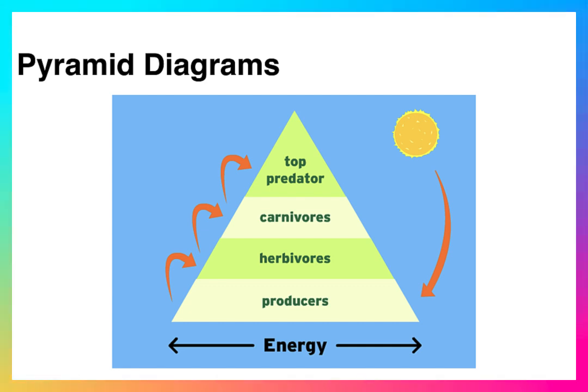And as I said in part 2 of these videos, as you go up the pyramid, you lose energy. And so the pyramid gets smaller and smaller moving up. And so you go from producers to herbivores with the loss of energy, from herbivores to carnivores with the loss of energy, from carnivores to the apex or top predator with the loss of energy.